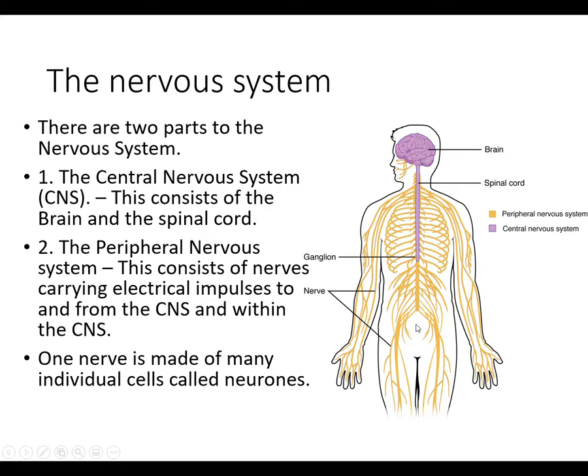One single nerve is made up of lots and lots of neurones, which are individual cells collected together. It's a bit like a piece of string made of lots and lots of different fibres. Or a copper wire in your plug, for example, is made of lots and lots of tiny little bits of copper. Those are the individual neurones, or the cells, and then the nerve is all of those bundled together.